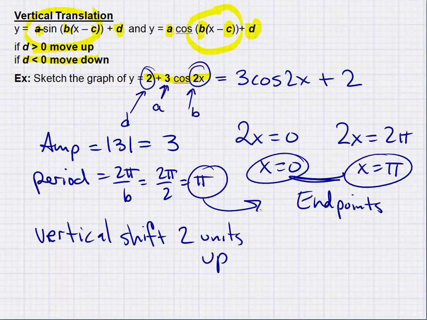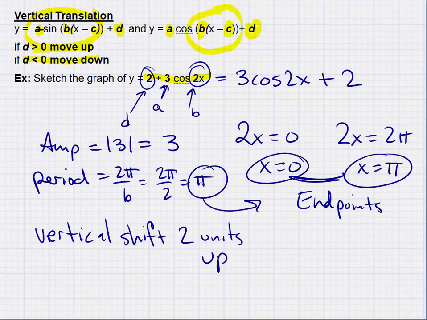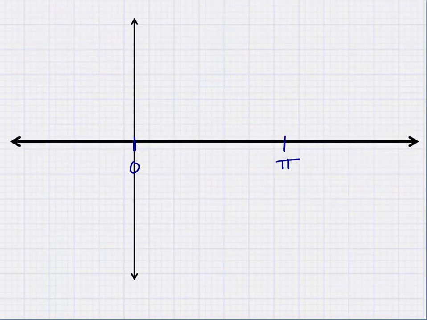So now we want to start putting this graph together. So what did we say? We said the endpoints were going to be 0 and pi. The amplitude was 3, and we had a vertical shift of 2. Now, here's the thing. Our amplitude's 3, so normally we would be between positive 3 and negative 3.